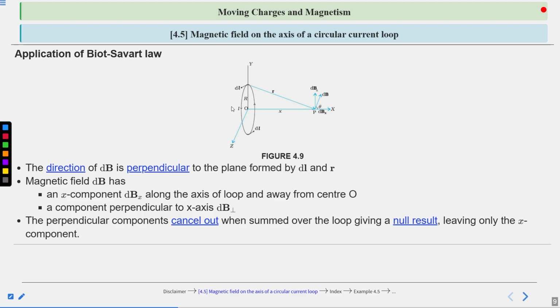When we take all the elements on the loop, there are equal and opposite components, so the perpendicular component of the magnetic field will be cancelled out by the opposite dl over the whole loop, giving a null result while leaving only the x components. Only components along the x-axis remain with us.